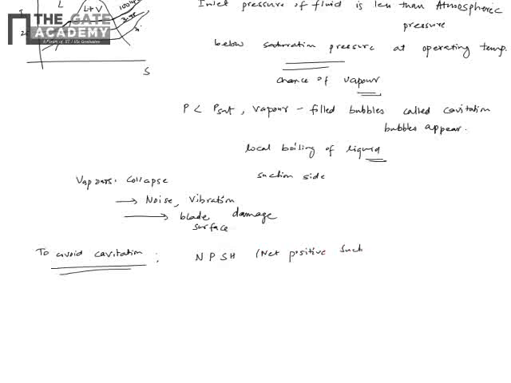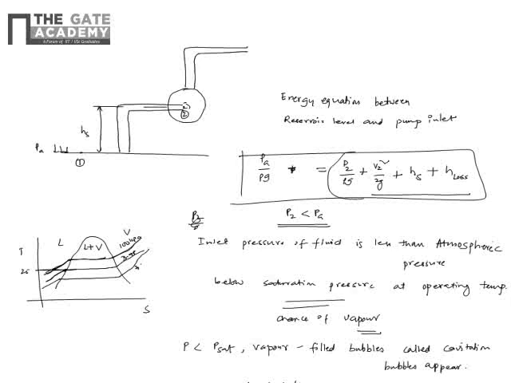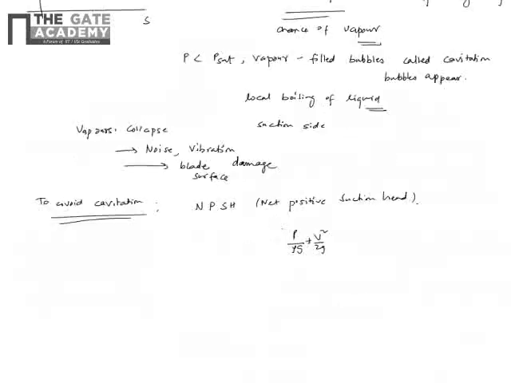They measure this P by rho g plus V square by 2g, this entire term, and compare how much higher it is compared to the Psat by rho g, the suction head.